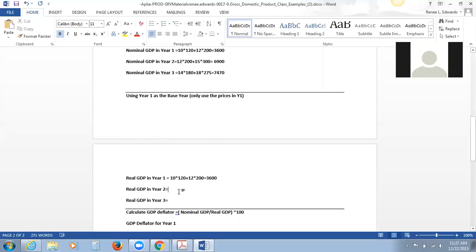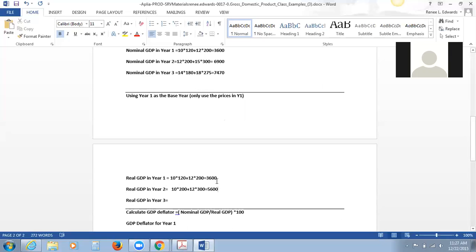Real GDP in year 2, again, you want to use year 1 prices times 200 plus 12 times 300 is going to give me 5,600. So again, GDP has risen like it did over here in nominal, but by not as much.